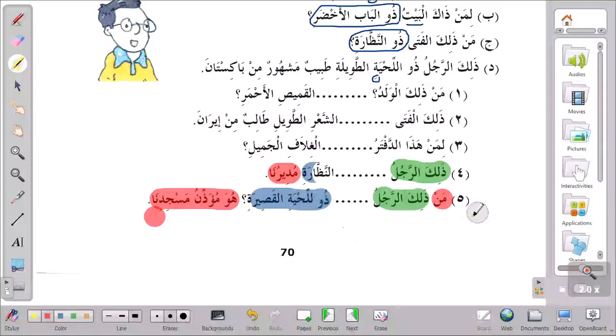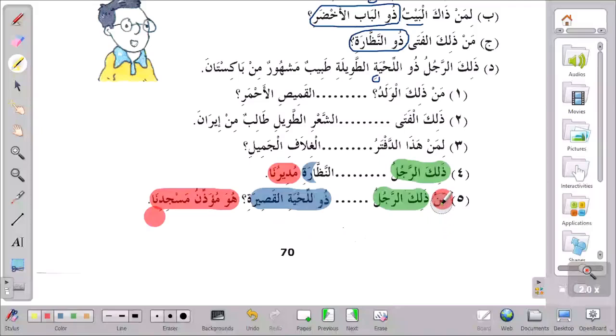It's not a question for Zullihiyatil qasiratu. Huwa mu'azzinuna, zalika rajulu, it's not even a question. So this question will lead us to the information. Huwa mu'azzinu masjidina. So indirectly it is the khabar.